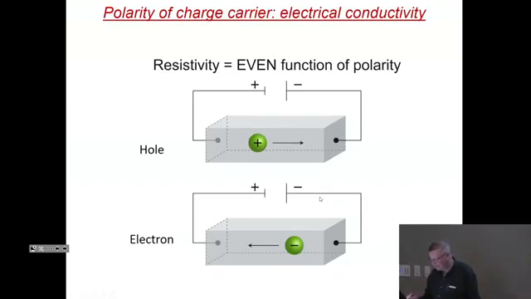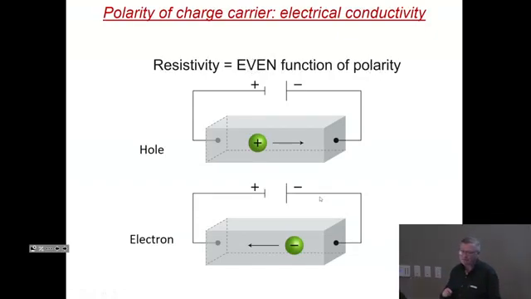If, on the other hand, the carrier is an electron, negative polarity, the carrier will move in the opposite direction of the current, but because you still have the voltage wire here and here, this is the place where it's less negative, and therefore this is the place where it's more positive. So basically you end up with the same polarity of the voltage and of the current. That's why I say the resistivity is an even function of the polarity of the carrier. You will always have a positive resistivity.